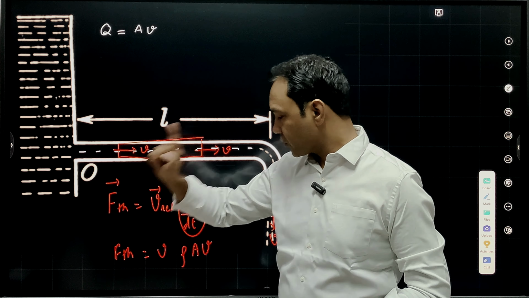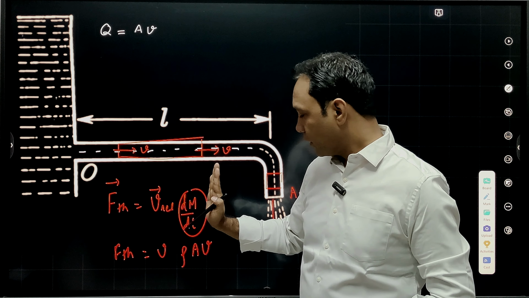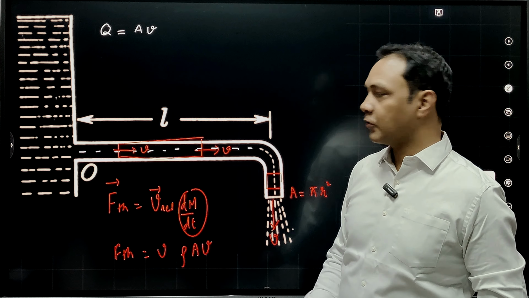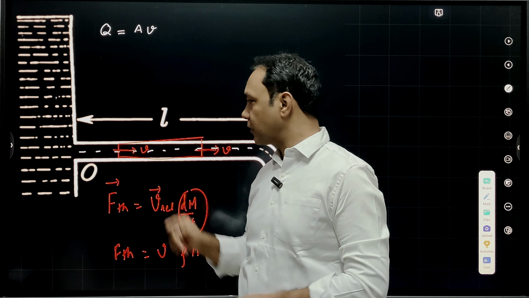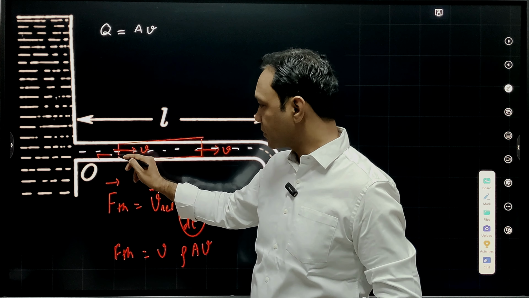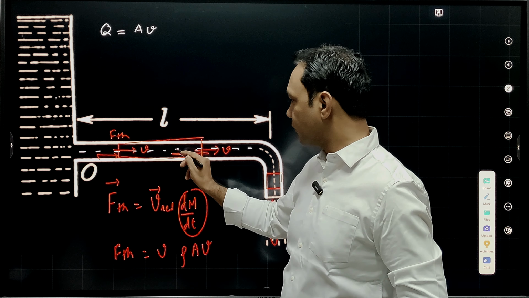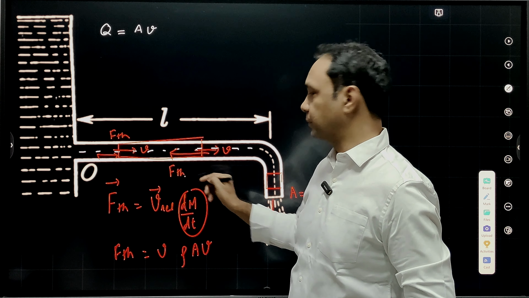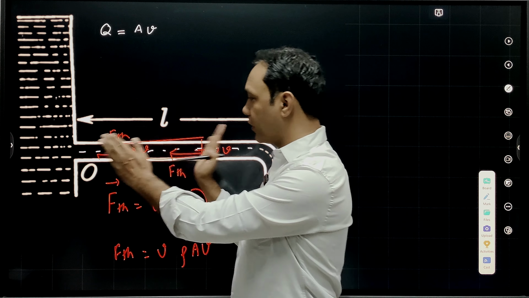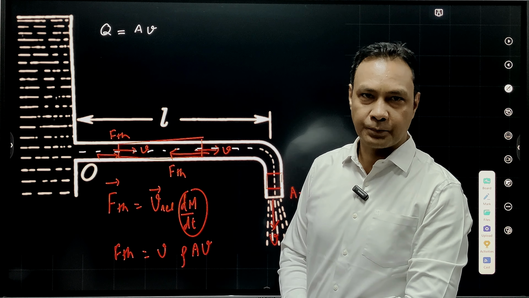From the above equation, F thrust is along V relative when dm by dt is positive. Here mass is entering, so F thrust will act in this direction. And here mass is leaving, so F thrust will act in this direction. So the net force on any straight part would be 0.